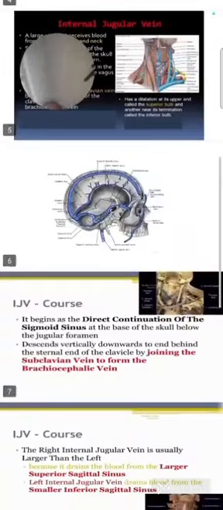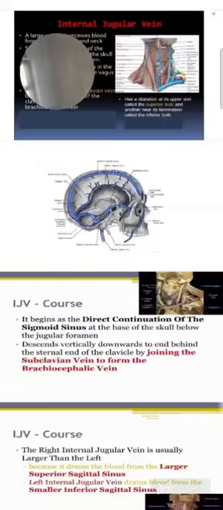Here you can see the sigmoid sinus at the base of the skull. The largest one that surrounds the vertex upper portion is the superior sagittal sinus, and just below there is a small diameter venous structure called the inferior sagittal sinus.